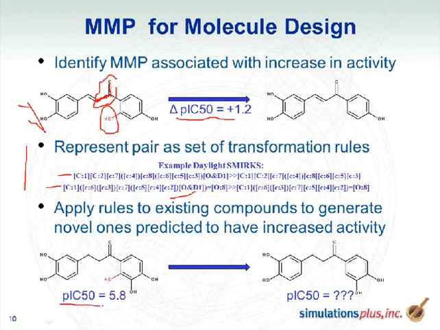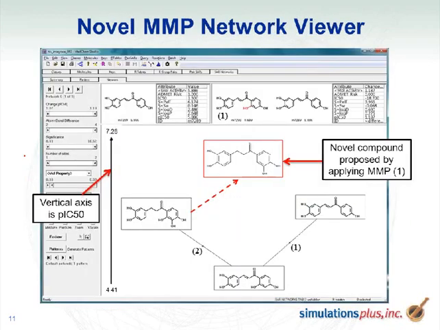So if we took this compound on the left, which is already in the data set and has a known activity of 5.8, and remove this hydroxyl group, what kind of activity would result? If it's a similar SAR to this one on top, then you'd expect an increase in activity. This next slide simply shows the pairs of molecules on the network viewer.